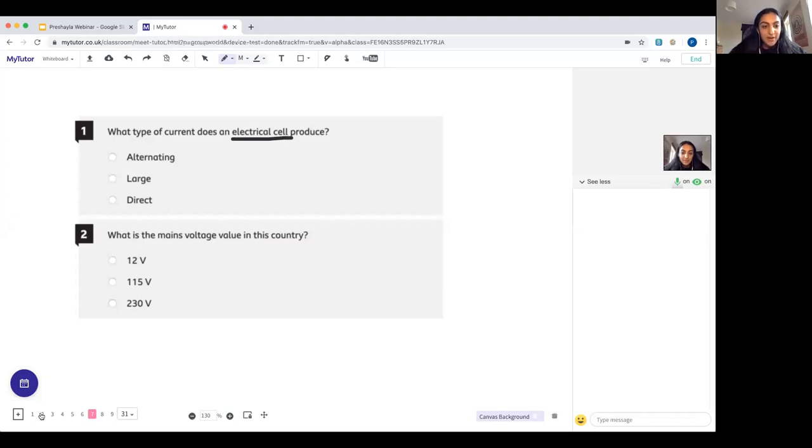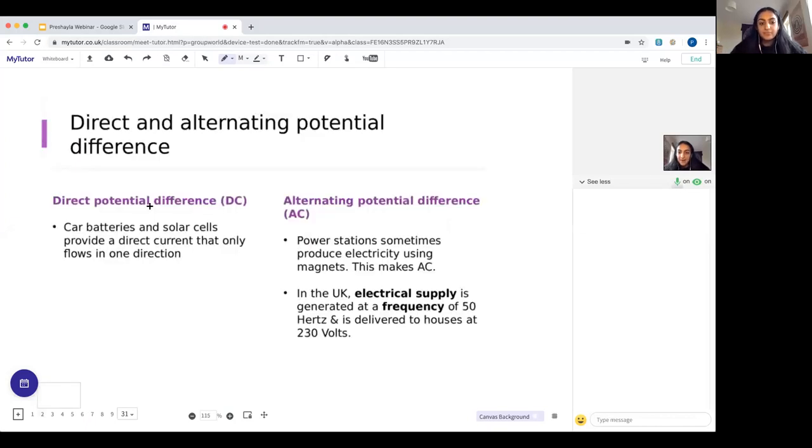If we go back to this slide, we can see that DC happens in batteries and cells. So they're the things that you use at school, like a little battery, or you might have a power pack. If you're using a battery or a cell, that's going to be direct current. The only place where we have alternating current is out of our sockets, which is called mains electricity.